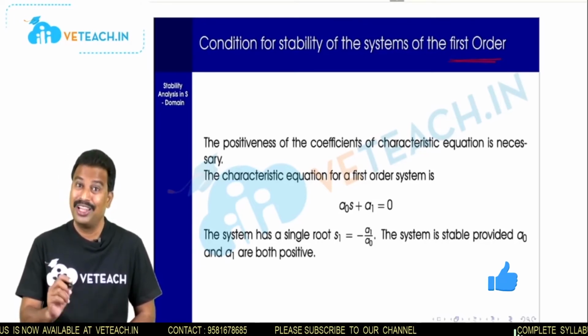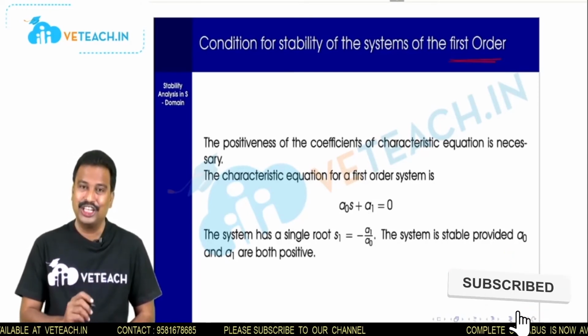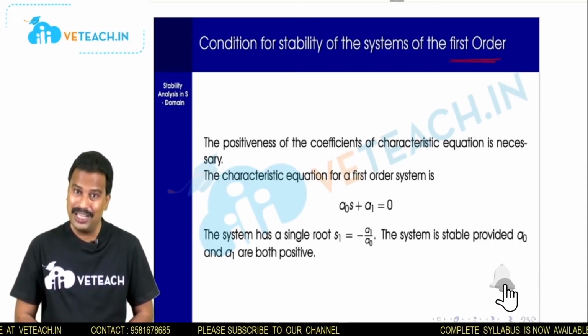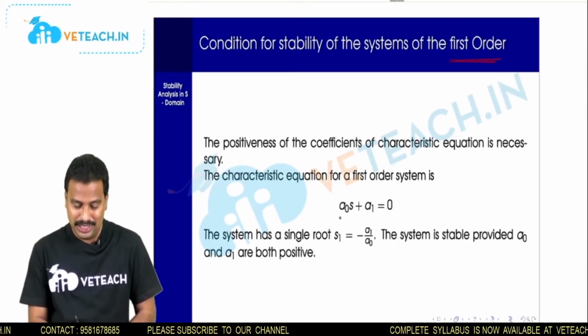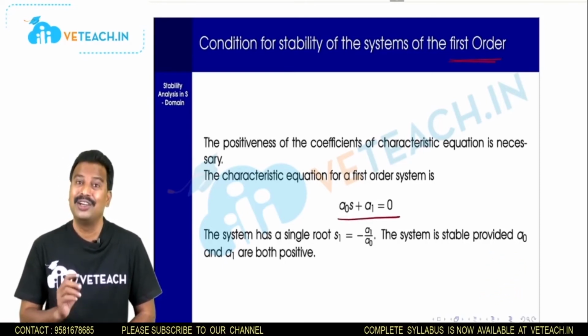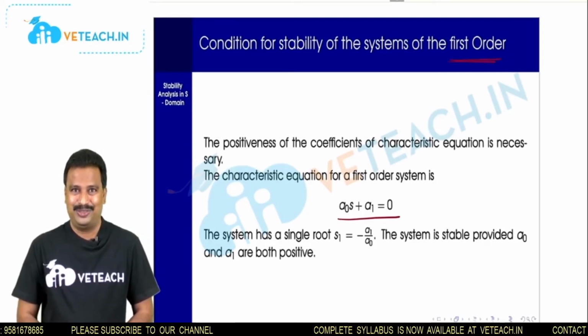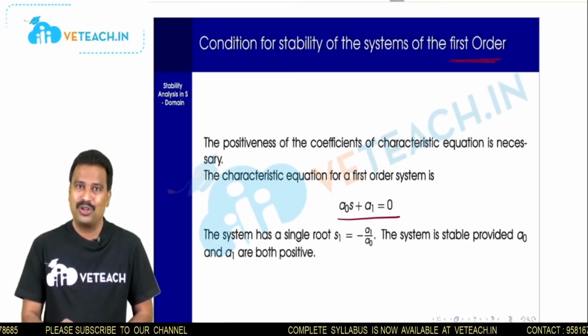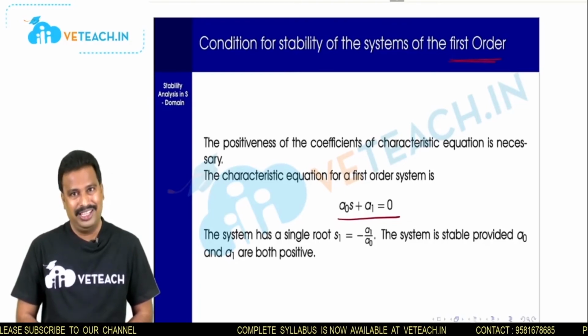If I substitute n is equal to 1, then I will get the equation a naught s plus a1 is equal to 0. This equation is a first order characteristic equation. Here, you solve this equation to find the value of s.